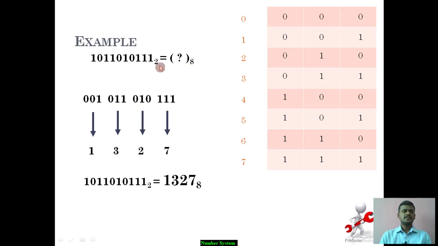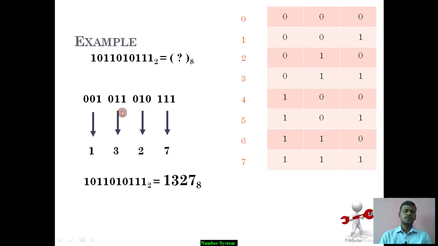So the technique is, first we need to group the given binary values into 3 bits each, like this. Then for these groups we need to refer to this table and find the equivalent octal values. That is, for 111 it will be 7.